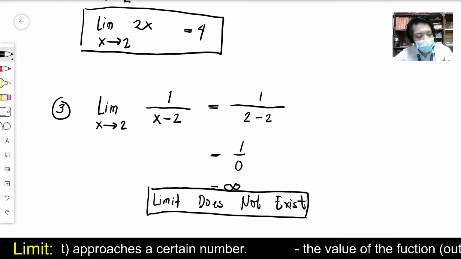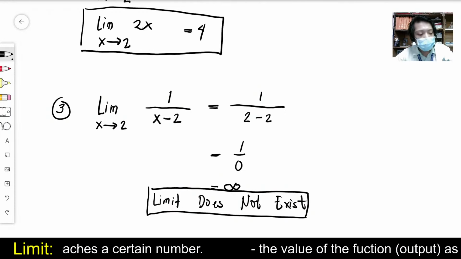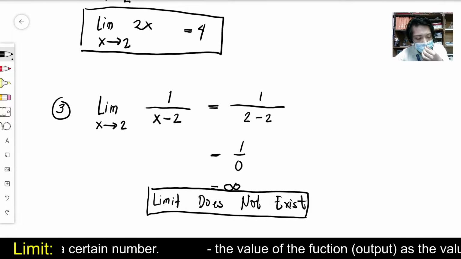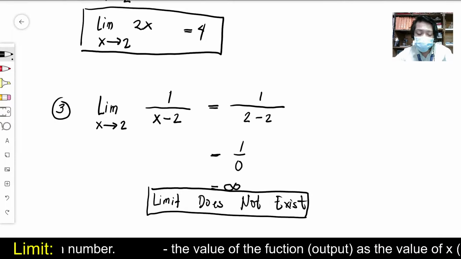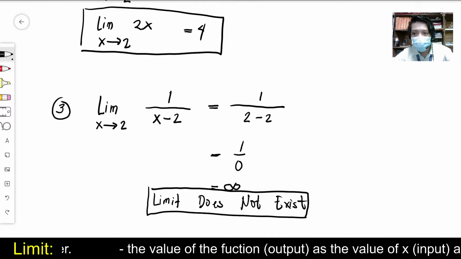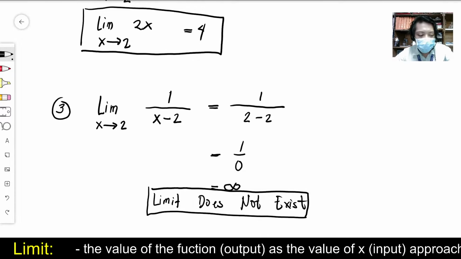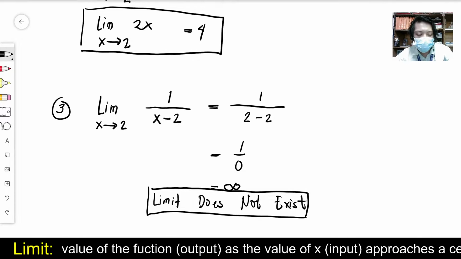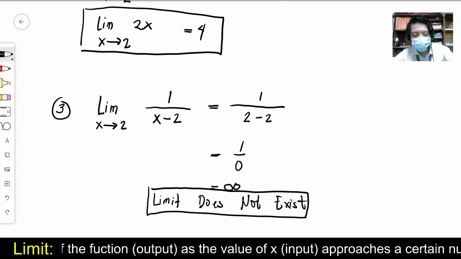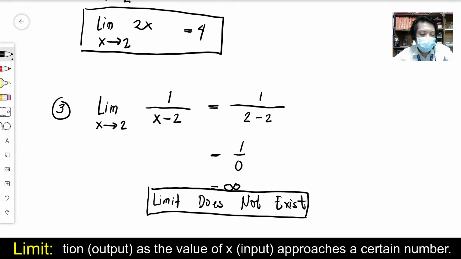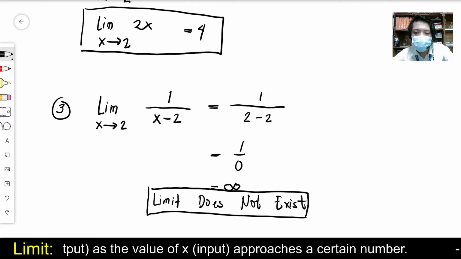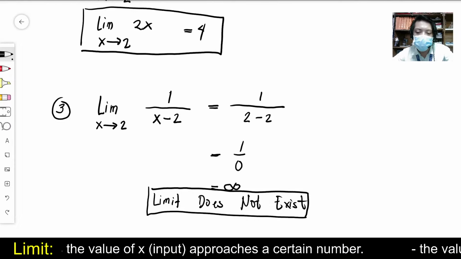A limit is the value of the function, meaning the output, as the value of x, or the input, gets closer and closer to a certain number. Again, a limit is the value of the function, or the output, as x approaches a certain number.